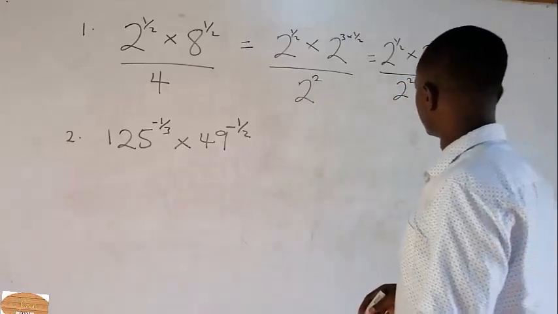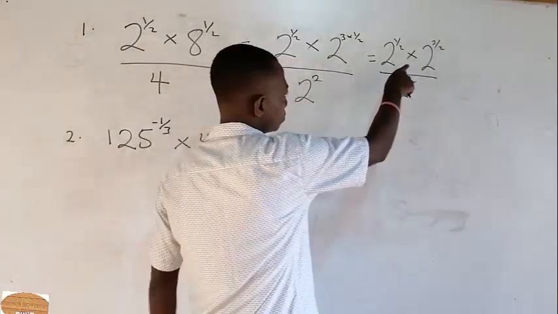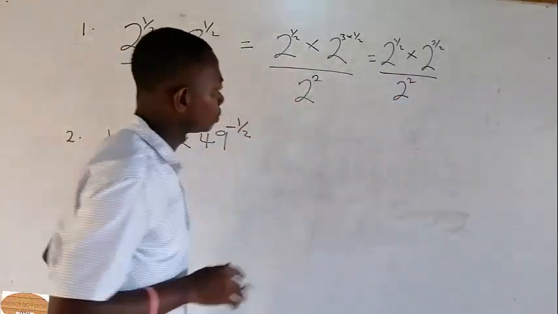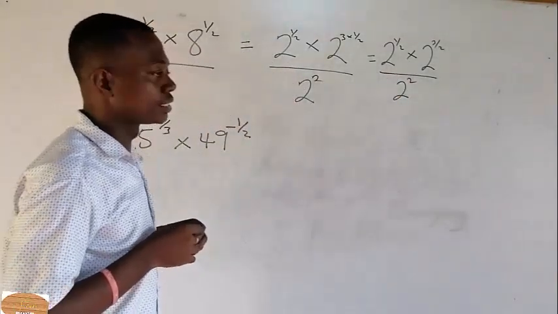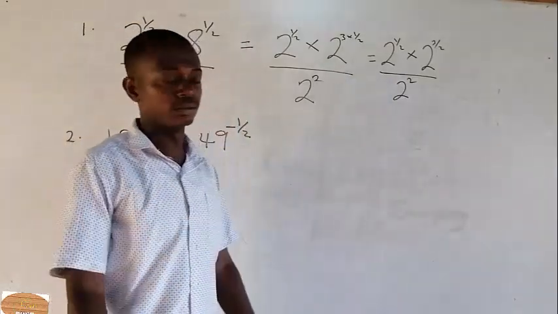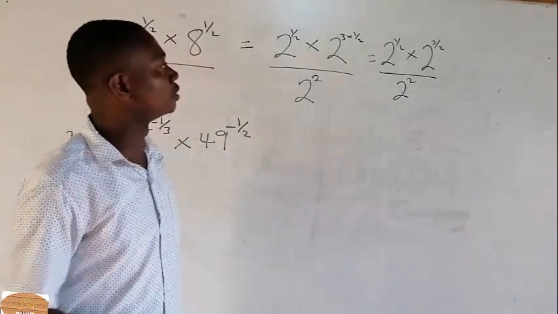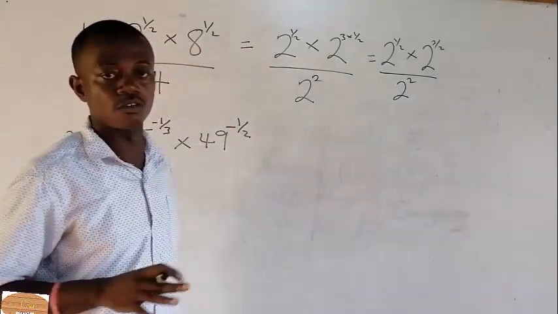Alright, so I'll deal with the numerator. This one is multiplication. That's the first law: if the bases are the same, you can add the exponents. So 1 over 2 plus 3 over 2.